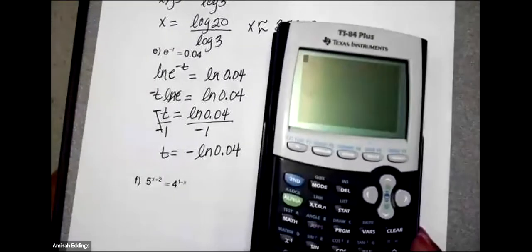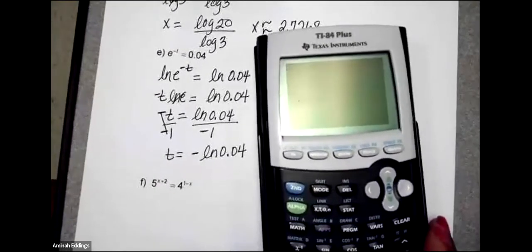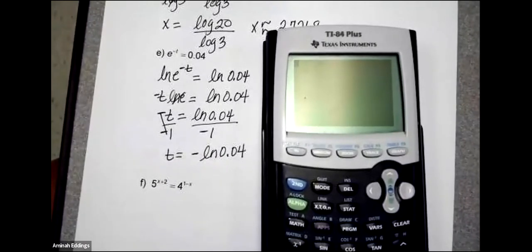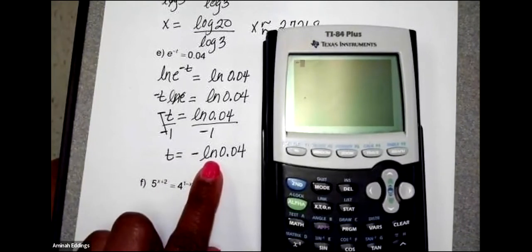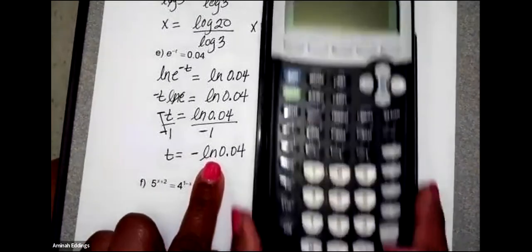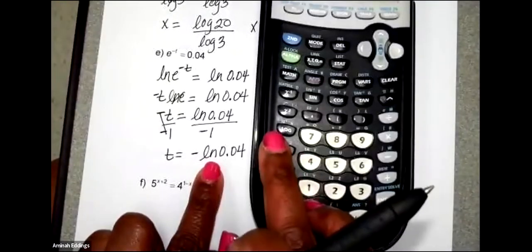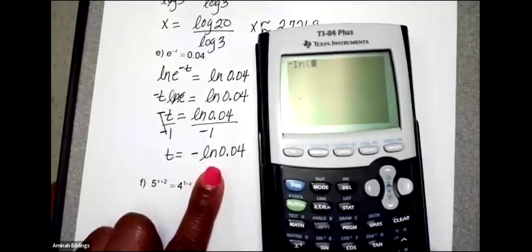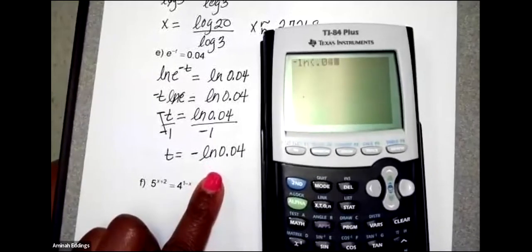And again, if it's asking you, you can leave it like this, or if it's asking you to round it to the nearest 4 decimals, because that's usually what it's going to ask you on your assignment, we can put this in as negative. And then remember, our natural log button is the third up from the bottom, so right there. So the natural log of 0.04.